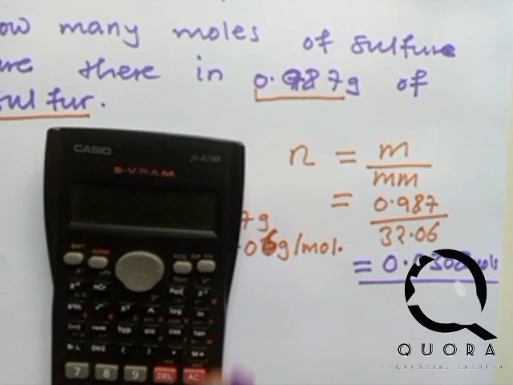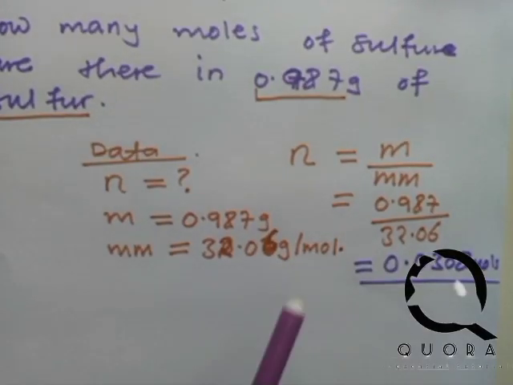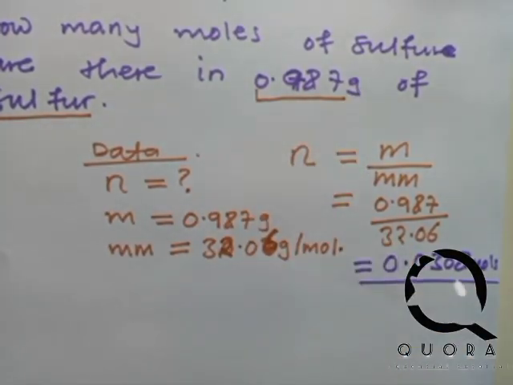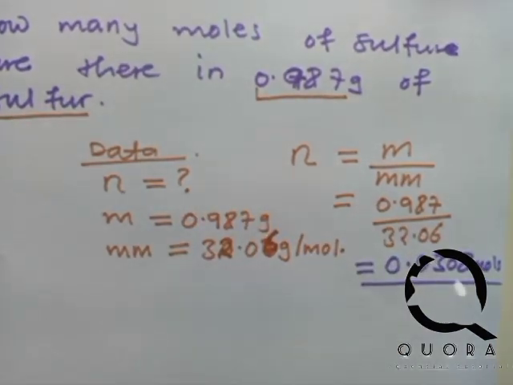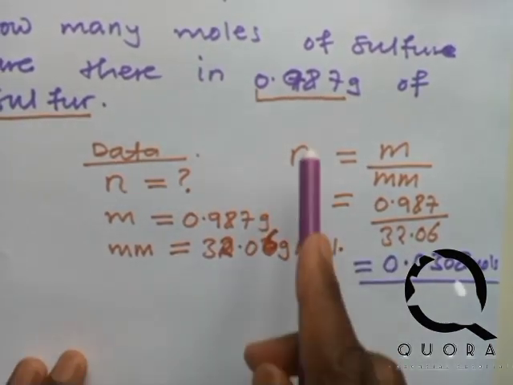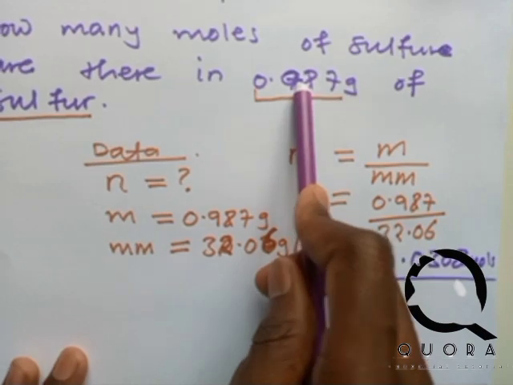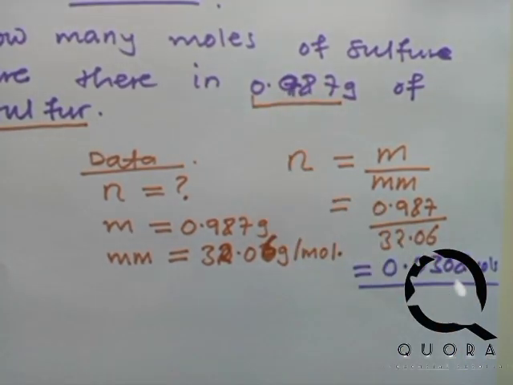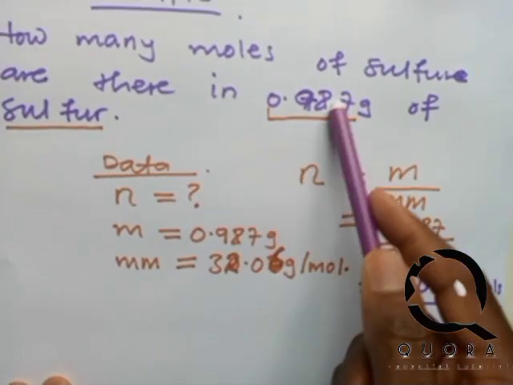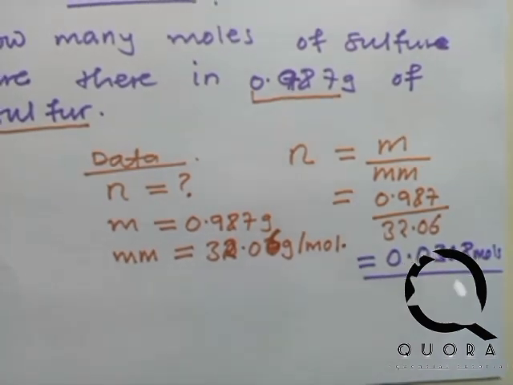If they ask you how many atoms are going to be in this same amount of sulfur, it becomes very simple. Do not punch this directly into your calculation. You need to convert first to the number of moles.